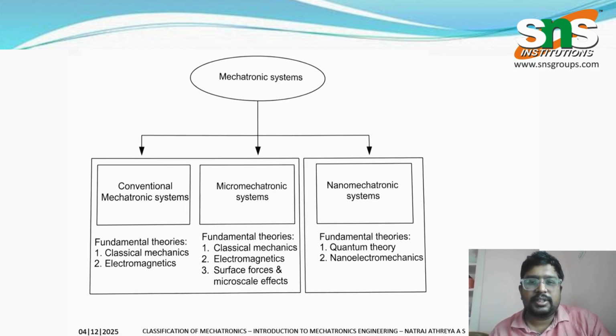So, a mechatronic system can be briefly classified into three different parts: conventional mechatronic systems, micromechatronic systems, and nanomechatronic systems. If you're able to see the mouse over here, we can classify this portion as classical mechatronic systems.